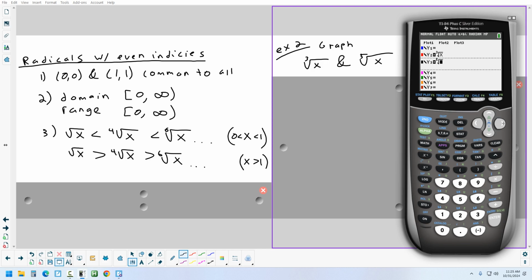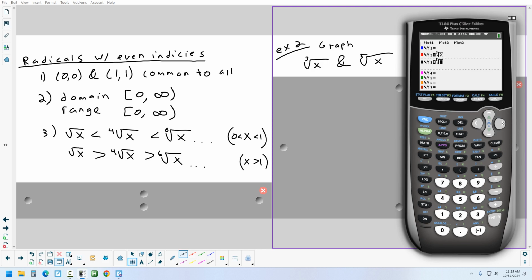Now, when we talk about cube roots, what's the cube root of, let's say, 8? Yeah, 2. How about the cube root of negative 8? What would happen when you do that one? Well, I times I times I doesn't give me negative 8.